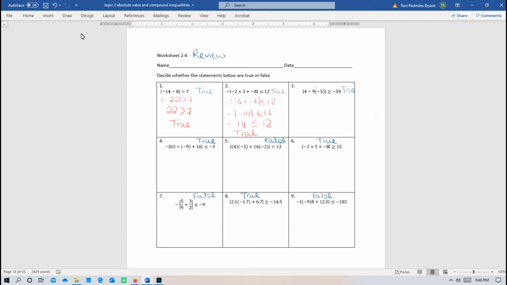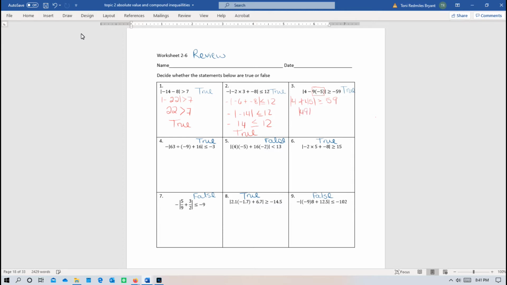All right, again, I have to do what's inside the absolute value first. So I have 4 minus -45 in absolute value symbols is greater than or equal to -59. If I work this out, I'm going to get a positive because 2 negatives make a positive, which gives me 49.